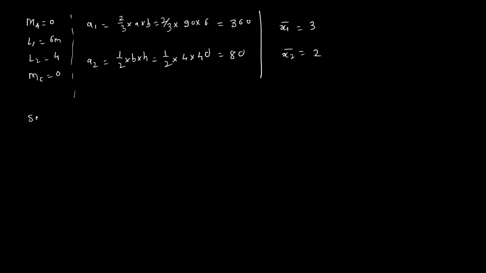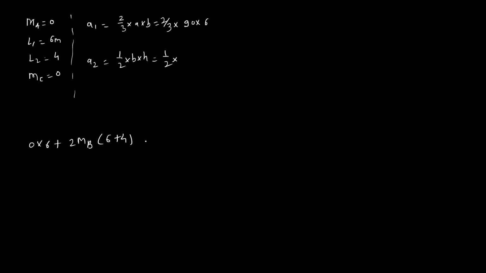Now substituting all values in equation A. So this is our equation A. We'll get 0 into 6 plus 2 MB into 6 plus 4 plus 0 into 4 is equal to minus 6 into 360 into 3 by 6 plus 6 into 80 into 2 by 4.